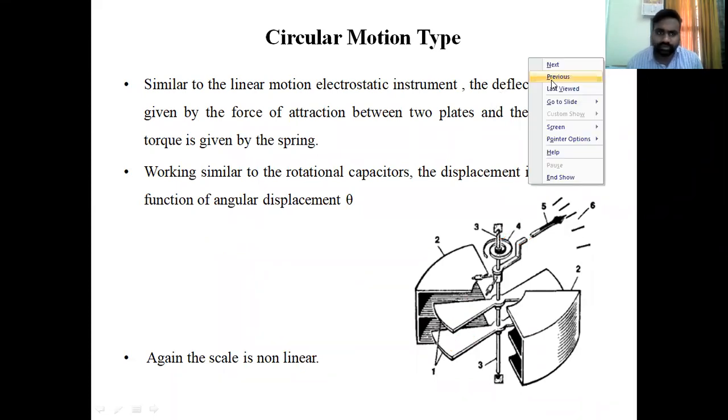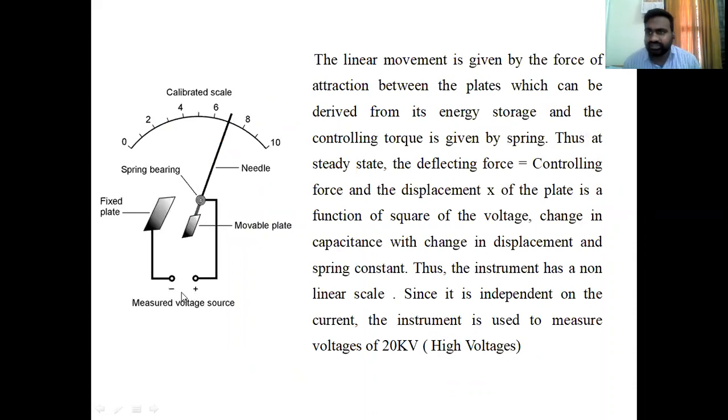So here I applied DC magnitude, positive and negative. If we apply an AC magnitude, it is nothing but an instantaneous value. Under that condition also, the two parallel plates will ionize, and there will be a strong electric field between the two parallel plates.